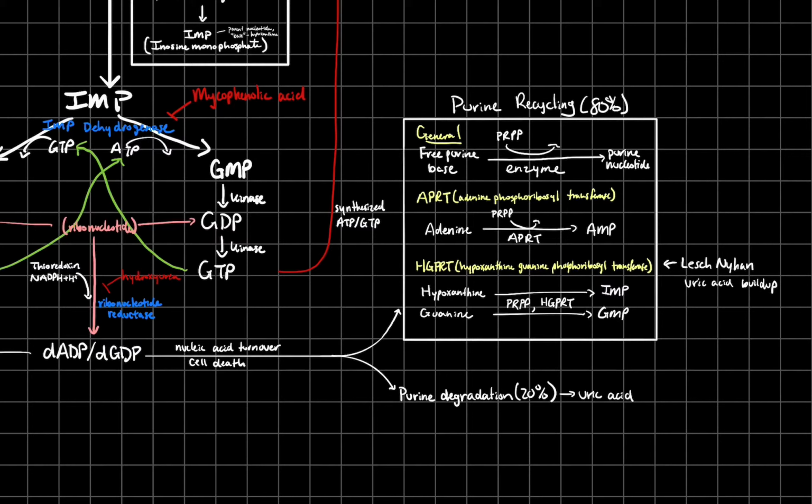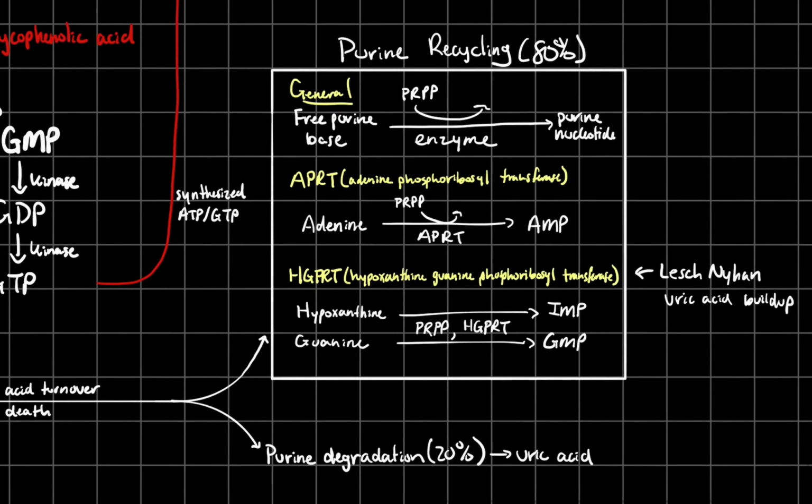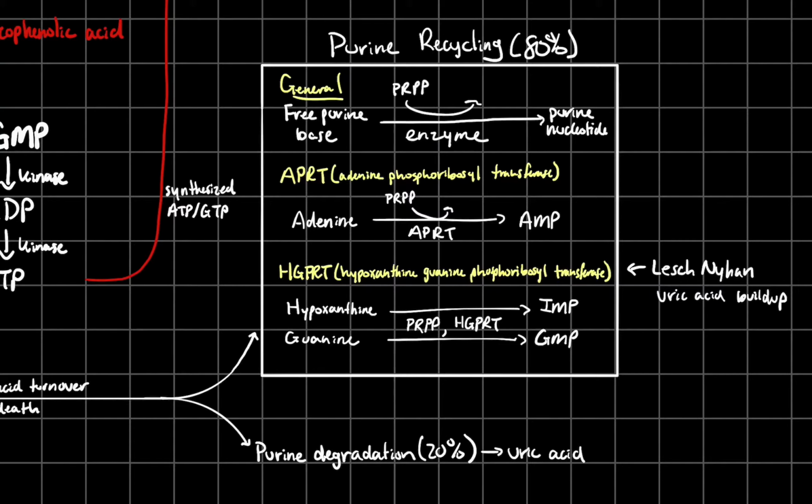And then if you have any leftover deoxy ATP, deoxy GTP, deoxy ADP or deoxy GDP, it's going to eventually go through turnover, as well as when your cell dies, you have those extra nucleotides around. So obviously, we've spent a lot of energy.